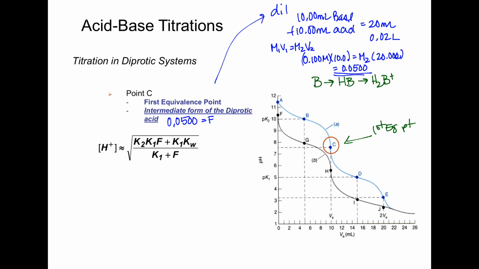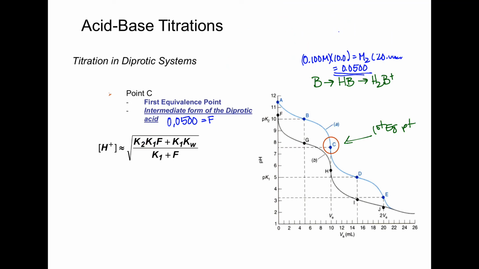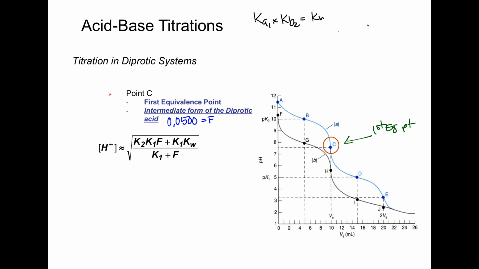And then we already have the Ka2, but we need to find this Ka1 so that we can put it in there. To do that, we need to look at our equilibriums that we've been working with. I want to remind you that Ka1 times Kb2 is equal to Kw.